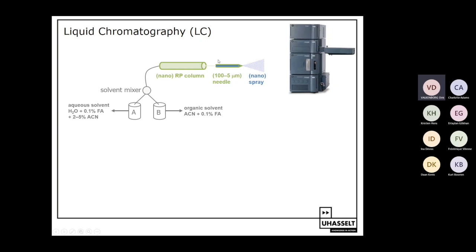But remember that all the peptides are dry and safe on this column, and we start to rinse this column with mainly water only. And there are some peptides that prefer water better than the silica beads on the column. So these peptides jump into the liquid phase, and they will be rinsed off the column until they arrive at this needle.